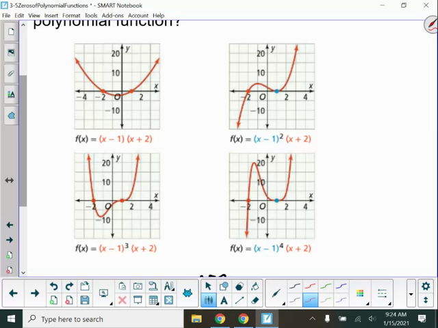Notice how, again, it's a place where the graph touches the x-axis and then goes back up. So you can see here, if you have a multiplicity that is odd, then your zero is going to be a place where we actually cut through the x-axis, where if it's even, that's going to be one of your min or max values, where it's going to touch the x-axis and then continue on its way.